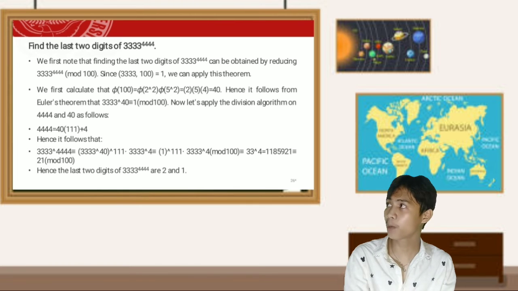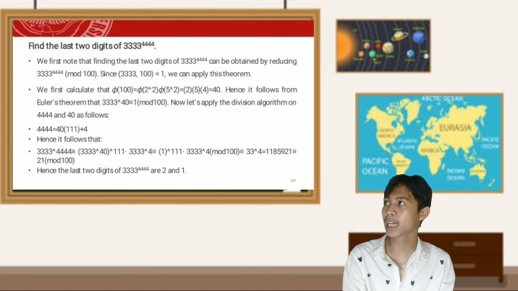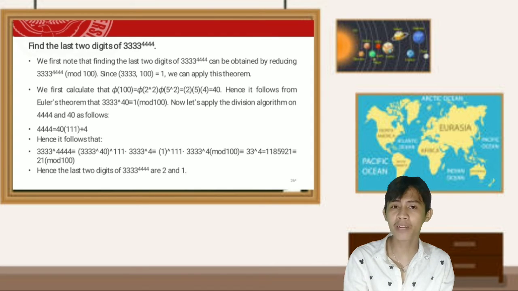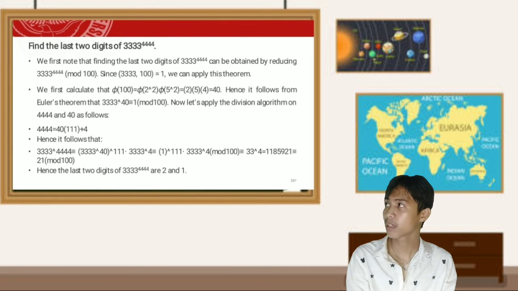Hence, it follows from Euler's theorem that 3,333 to the power of 40 is congruent to 1 mod 100. Now, let's apply the division algorithm on 4,444 and 40 as follows. 4,444 is equal to 40 times 111 plus 4.